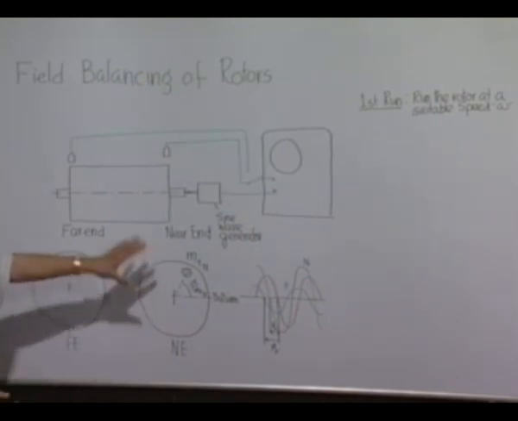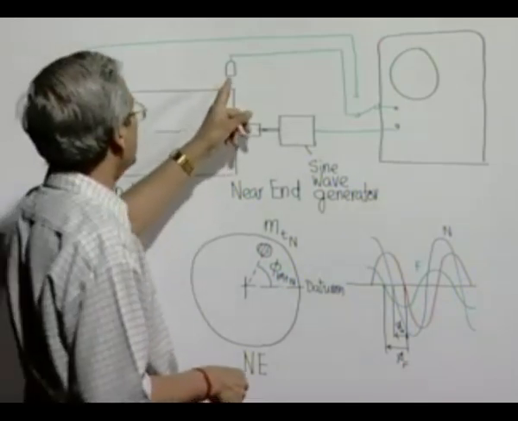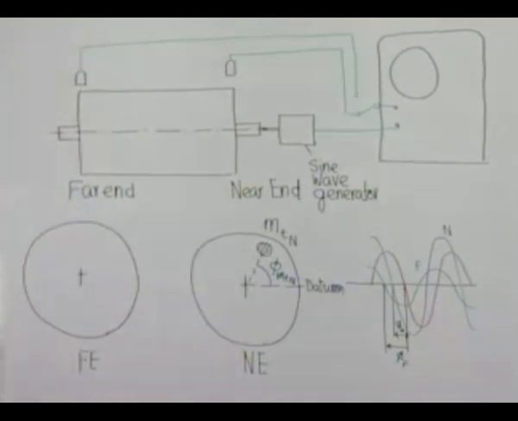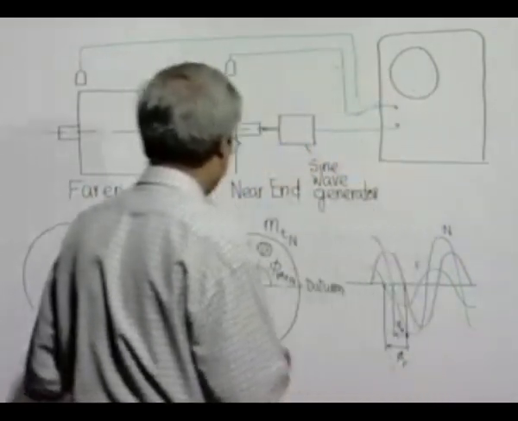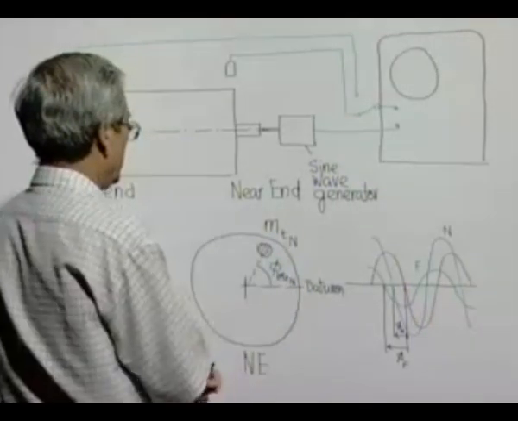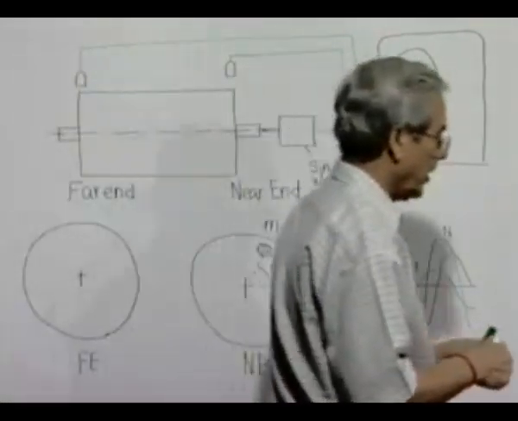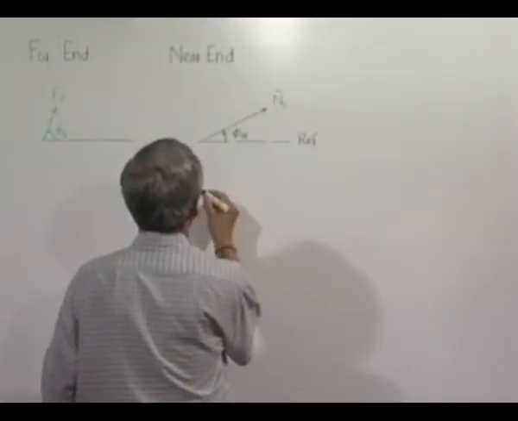Now, if we run the rotor at the same speed and again measure the vibration of the near end and far end, what we will find is that the effect of the trial mass which we place at the near end will obviously be more at the near end vibration. So, what we will have now?